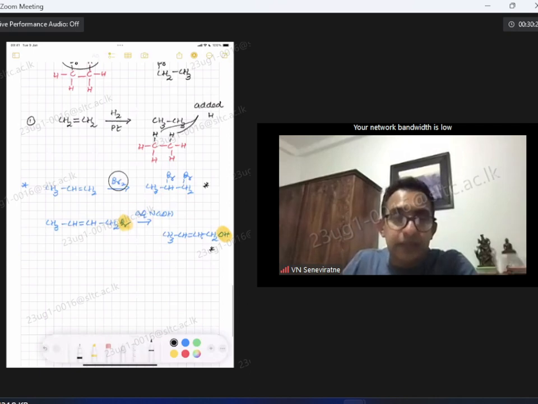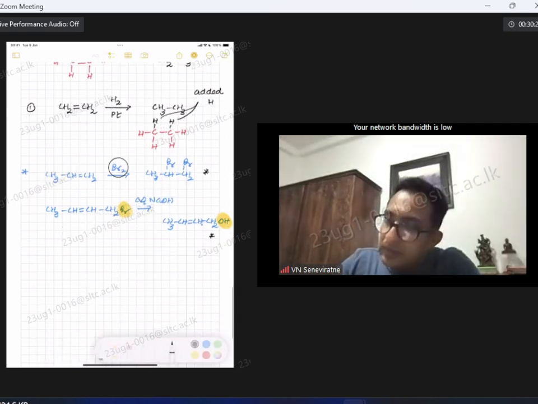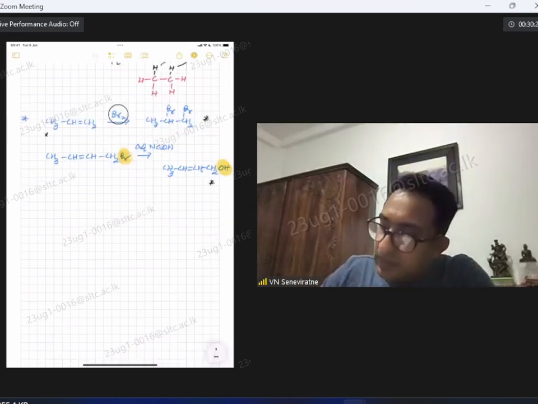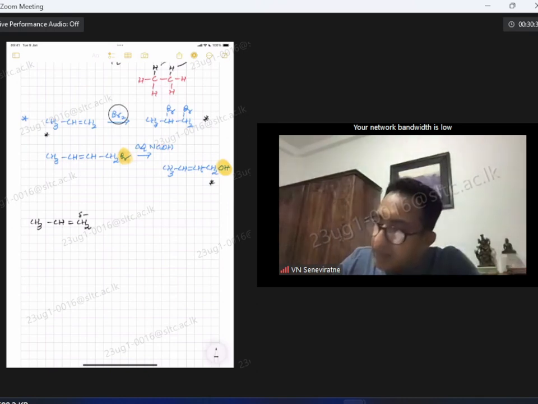Is it clear? If somebody asks you, okay, can you write the mechanism of the first one? How do you write the mechanism? CH3, CH, double bond CH2, right? So this is delta minus and this is delta plus because this CH3 group can push electrons.